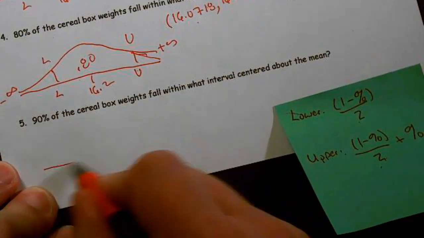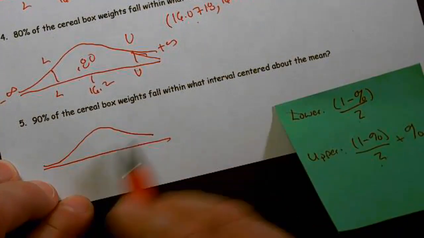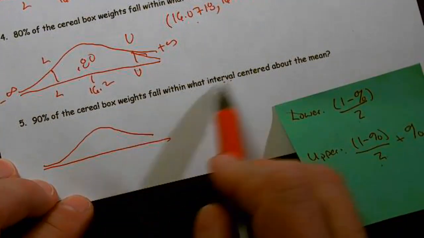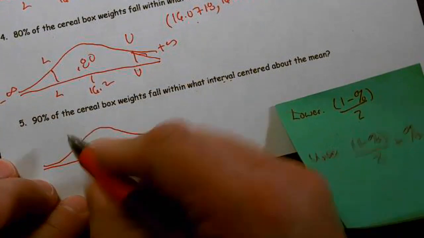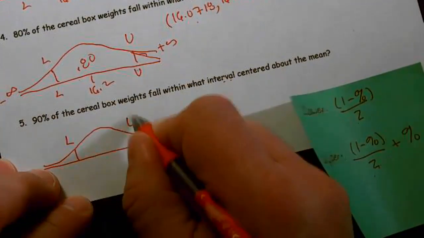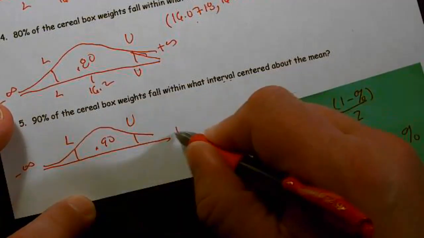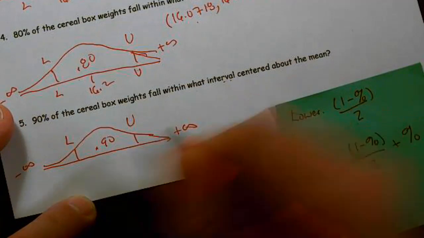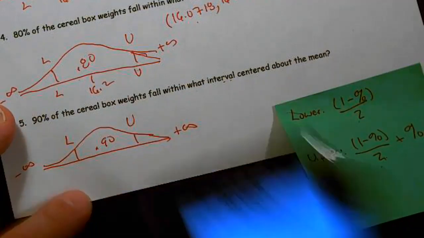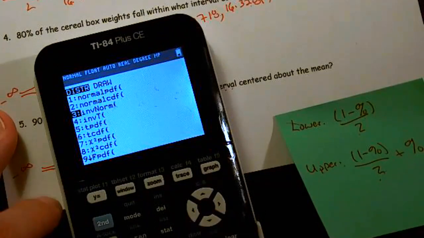90% of the cereal boxes fall within what interval centered about the mean? So I have a lower and an upper. This is 0.90. This is negative infinity. This is positive infinity. Second vars, and we're doing the inverse norm again.